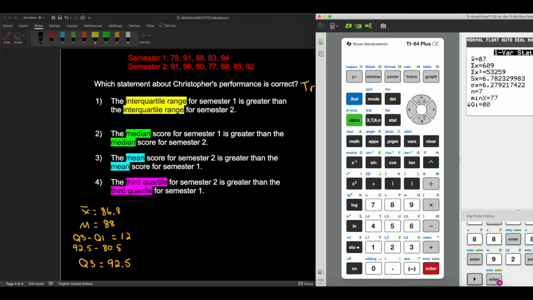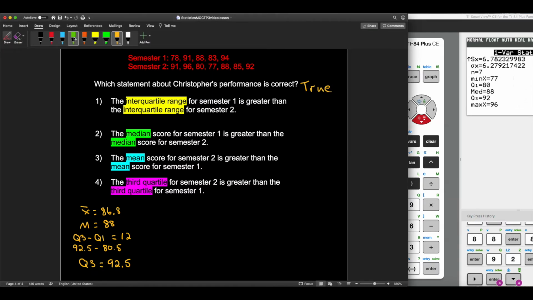Your mean is 87, and now we'll write the rest of the information as well. Semester 2, 87. Median, 88.